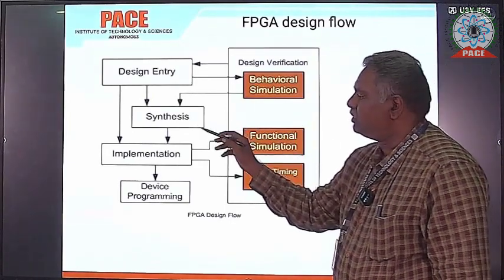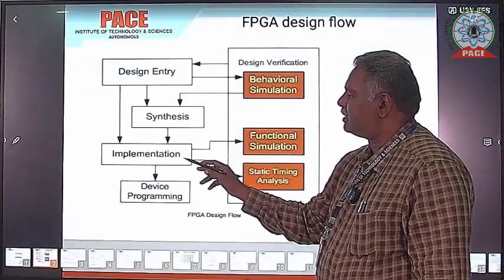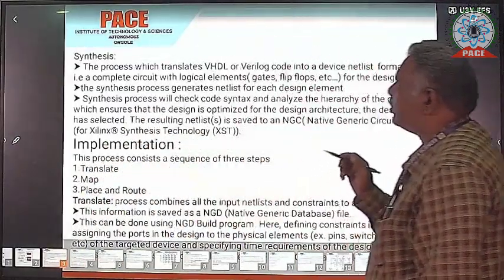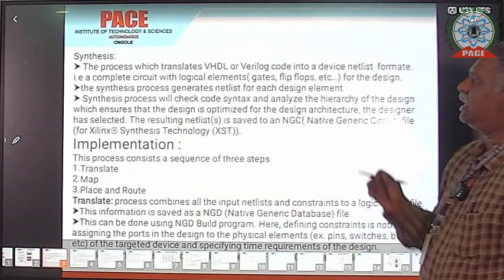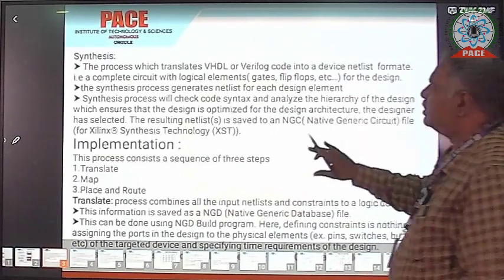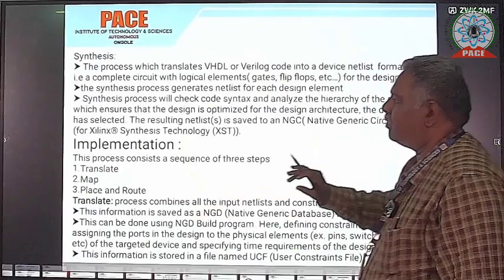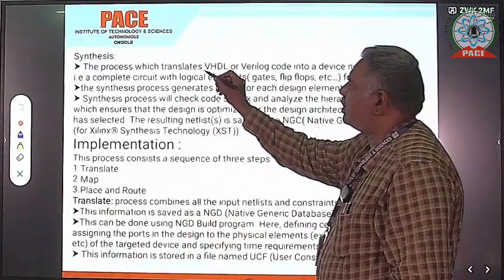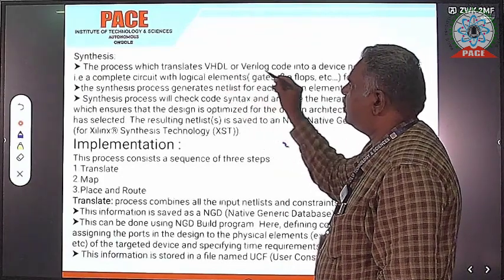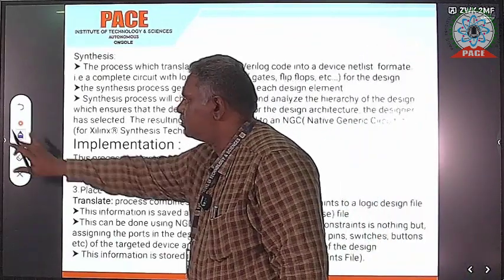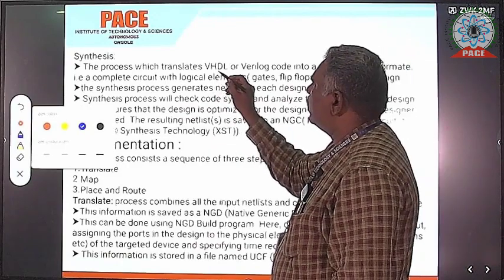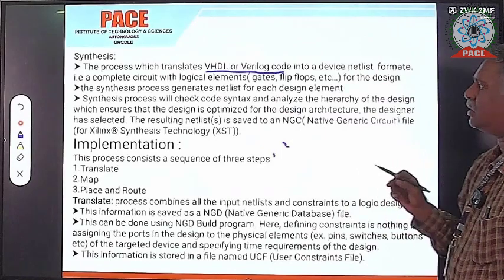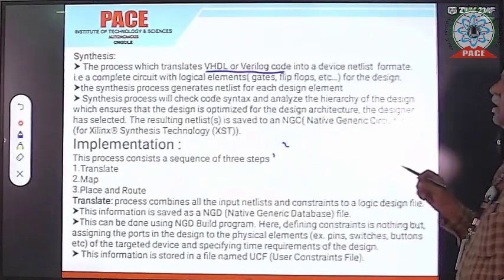So we are going to study synthesis as well as implementation. Now synthesis is a process of translating the VHDL or Verilog code. In a design, we are going to write a code that is called VHDL code. So we need to write a code in the form of VHDL or Verilog.